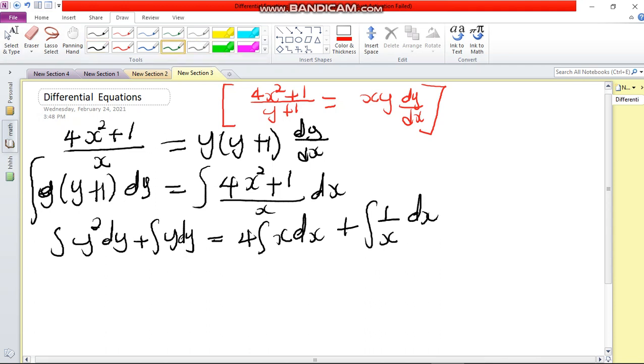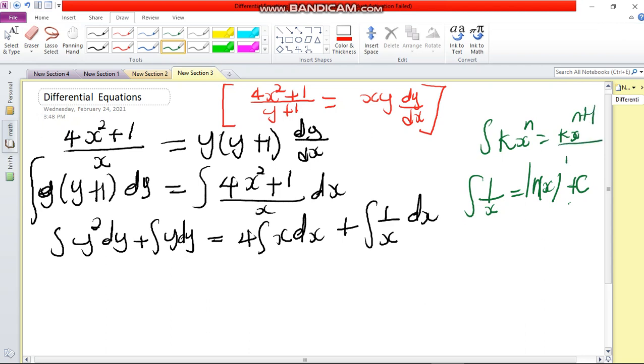We know that the integral of 1 over x is always the ln of x plus c. Also, the integral of kx to the power n is always kx to the power n plus 1 divided by n plus 1. So we are going to use these two rules.